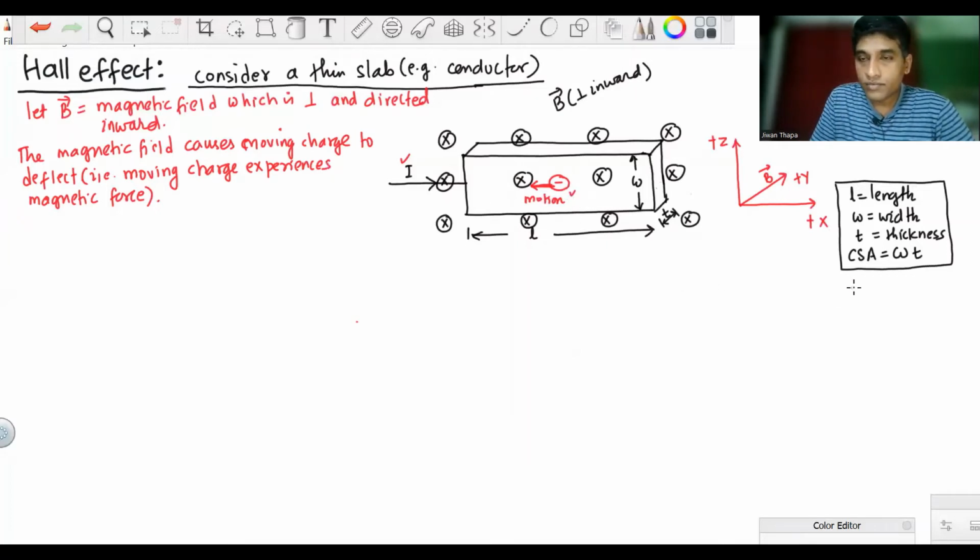Now we know direction of magnetic force experienced by moving charge, okay?